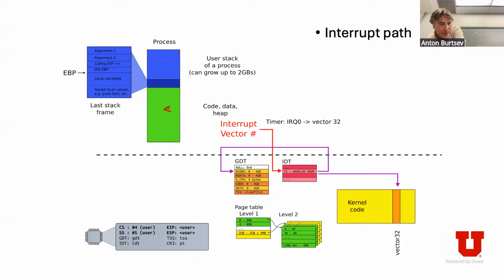Imagine your instruction pointer was somewhere here, executing normally some user code, right? At this point, let's consider the concrete example of vector 32, which is a timer interrupt.